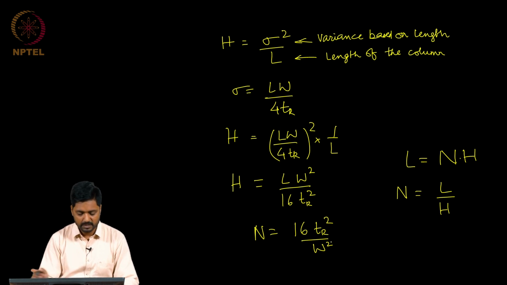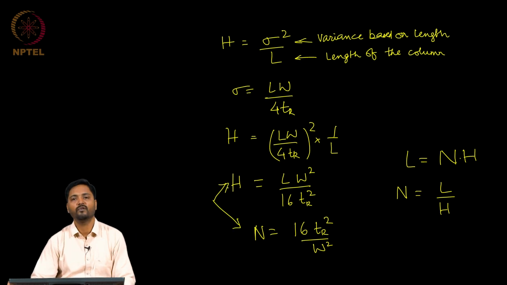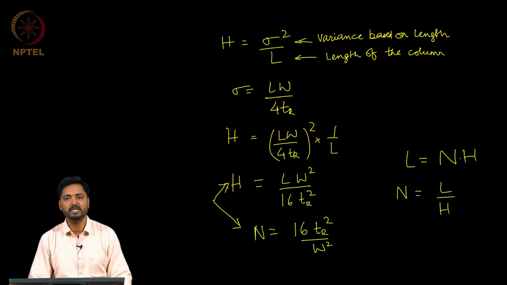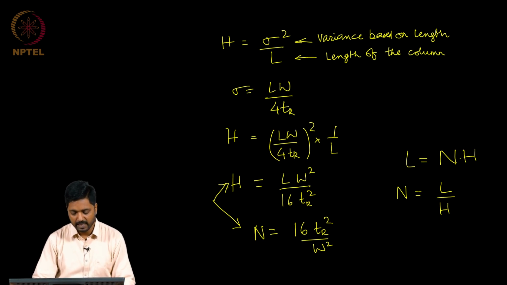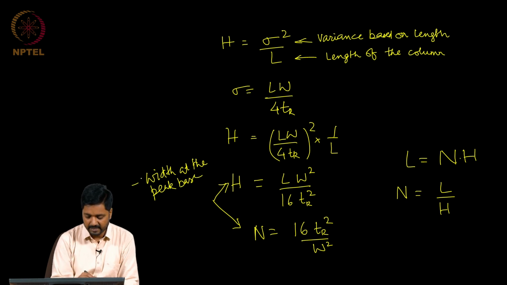Now, what we have described here are the values of h and n, which are two important parameters in the plate theory, in terms of the width at the peak base and the retention time.